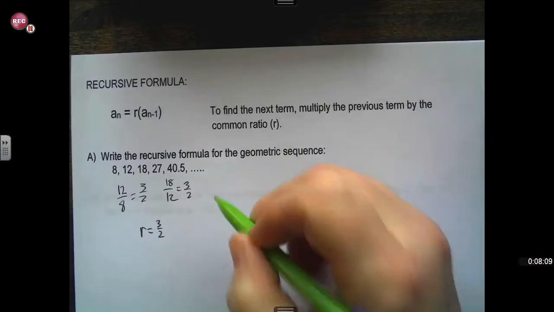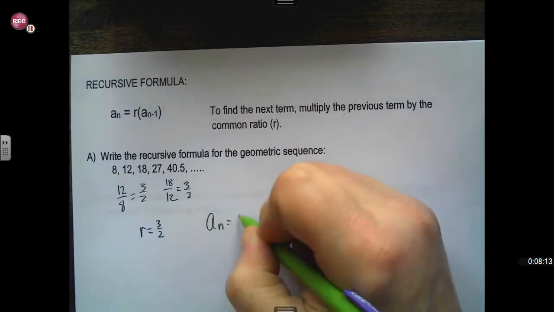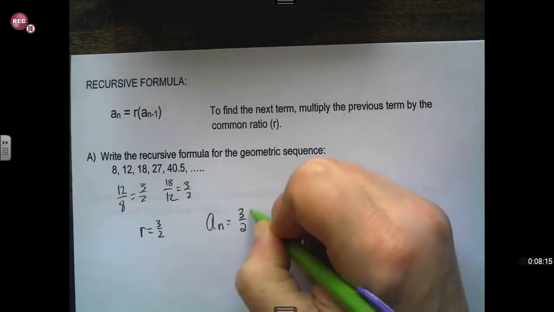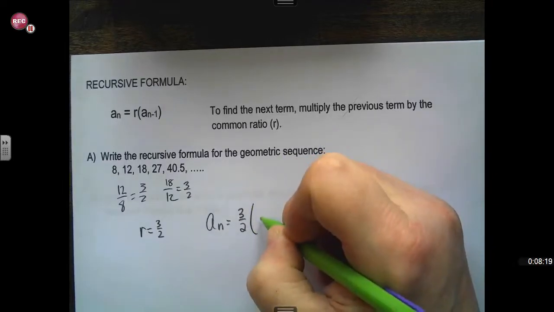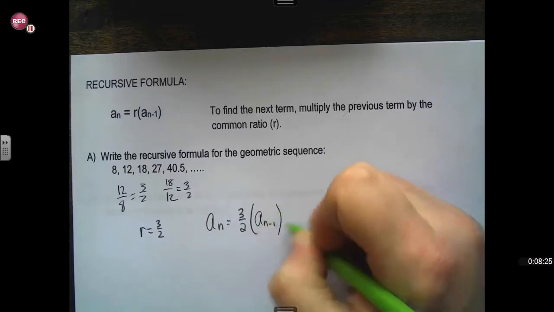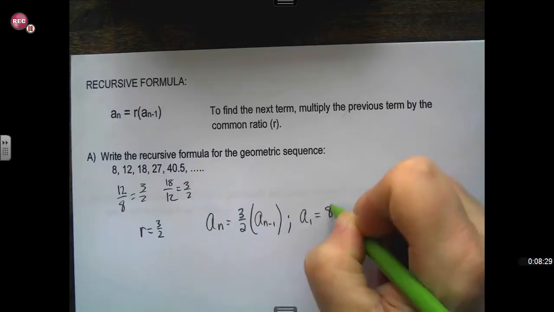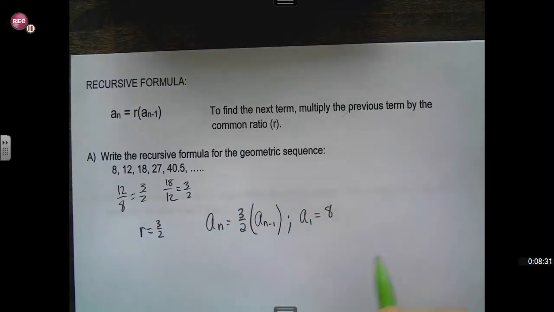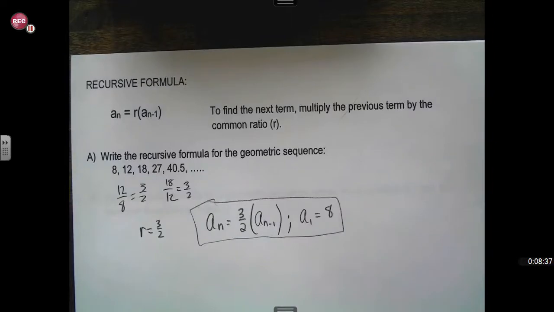So the recursive formula is a sub n equals r, which is 3/2, times a sub n minus 1. And remember that for the recursive formula, we have to say what the first term is, so we know where to start. So this whole thing would be our recursive formula.